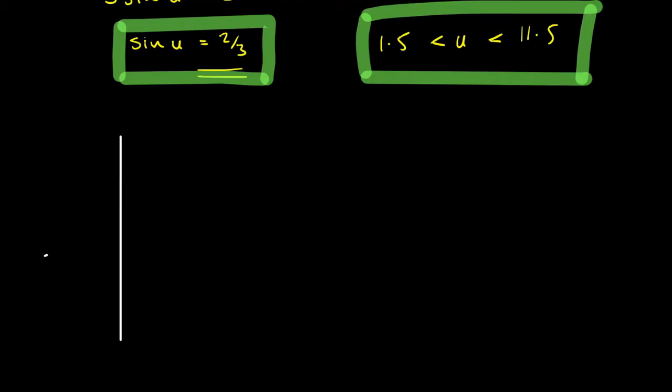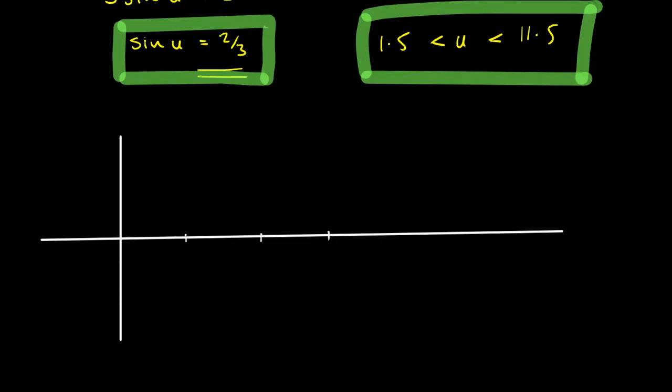So what does the graph of sine look like? The graph of sine looks kind of like this. So that's pi by 2, pi, 3 pi by 2, 2 pi, and so on. So there, pi, 2 pi there. And it goes up to 1 and goes down to -1.